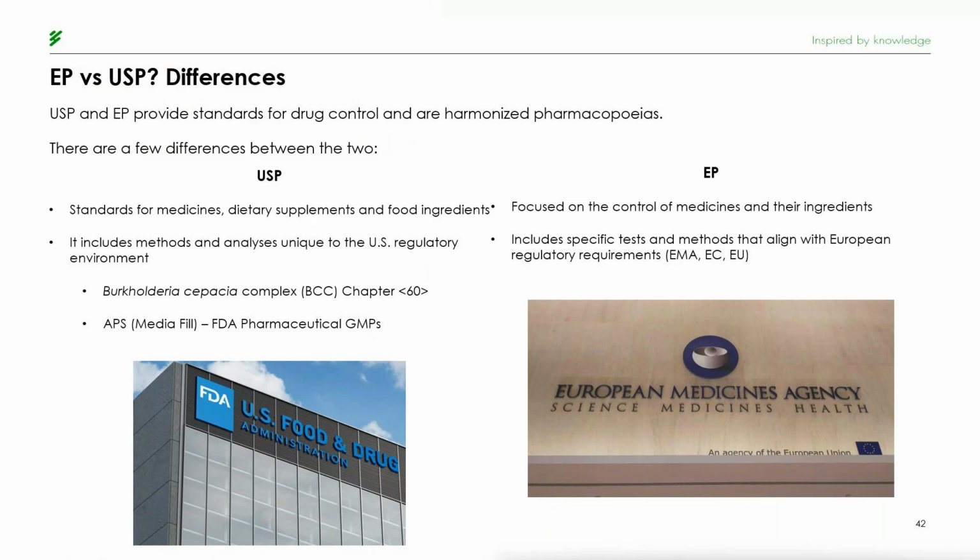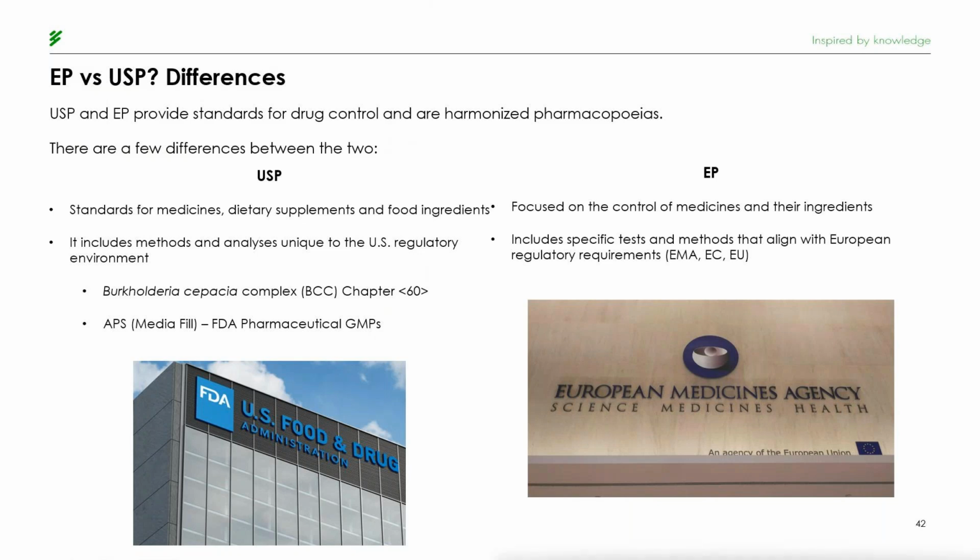The USP includes, in addition to medicines, standards for supplements and food ingredients. The European one is exclusively about medicines and their products.